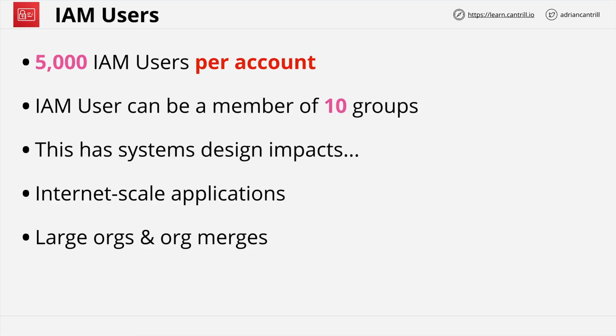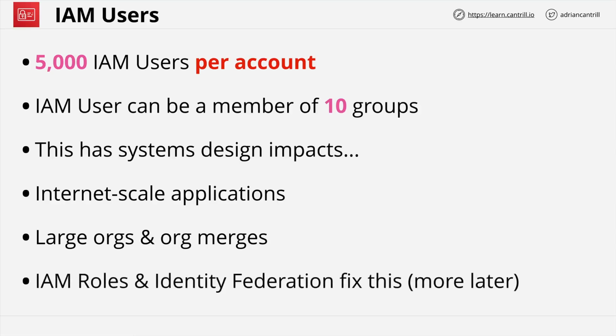Now, there are solutions which fix this. We can use IAM roles or identity federation, and I'll be talking about both of those later in the course. But in summary, it means using your own existing identities rather than using IAM users, and I'll be covering the architecture and the implementation of this later in the course. At this stage, I want you to take away one key fact, and that is this 5,000 user limit.